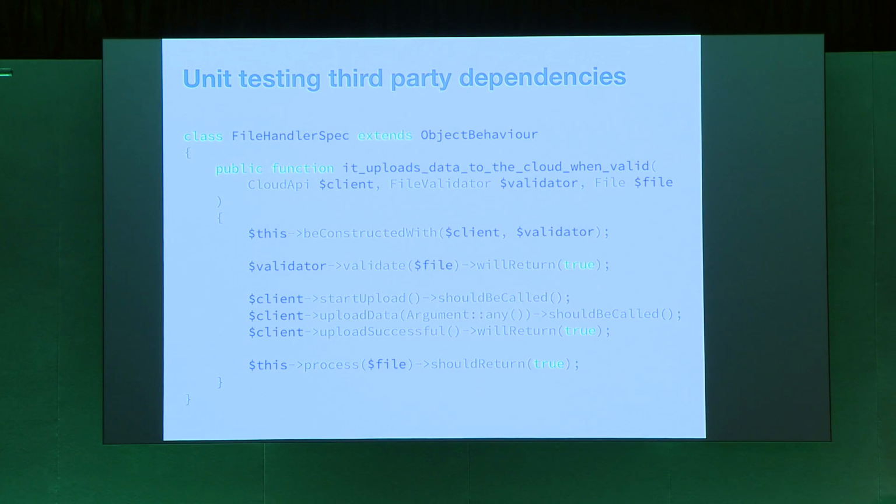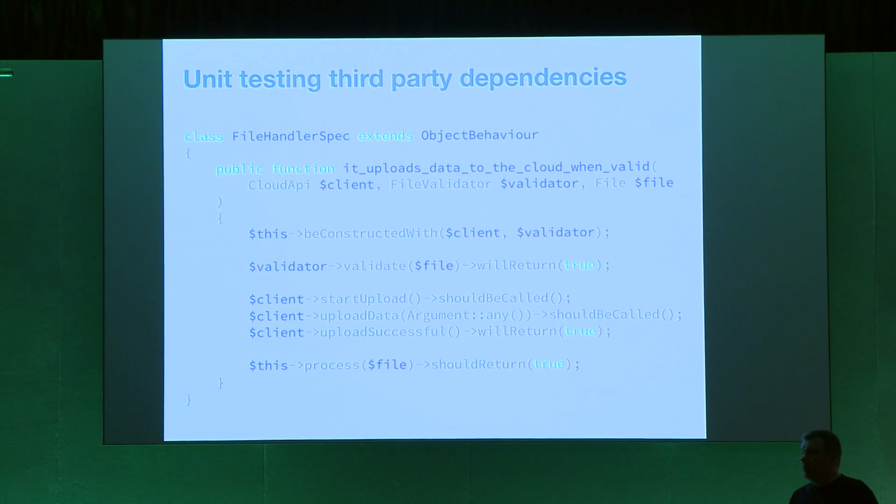And you can write unit tests for this stuff. This is an example, based on a real example from my life, where I've got this cloud API object that someone else owns. I downloaded it from Packagist. I'm using it in my code.